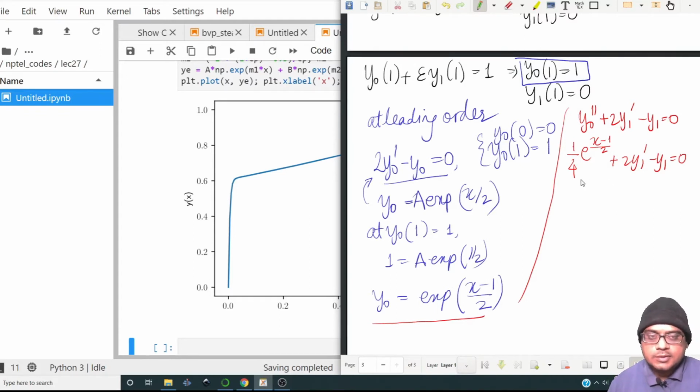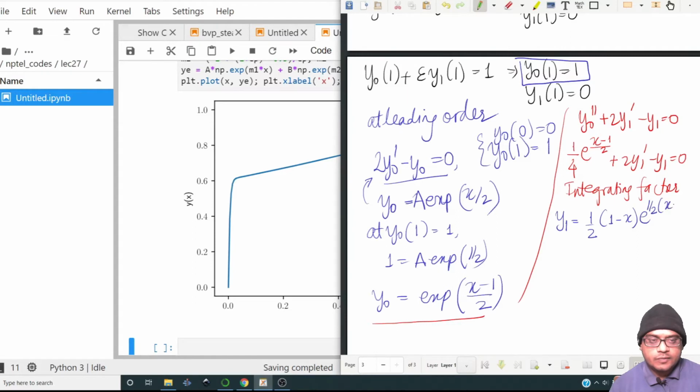So this equation can be integrated with the help of an integrating factor. Alright, but I'm going to write down the solution directly. You can try to find it out. So the solution for y1 turns out to be half times (1 minus x) times e to the power (x minus 1) by 2. So this is the solution for y1.